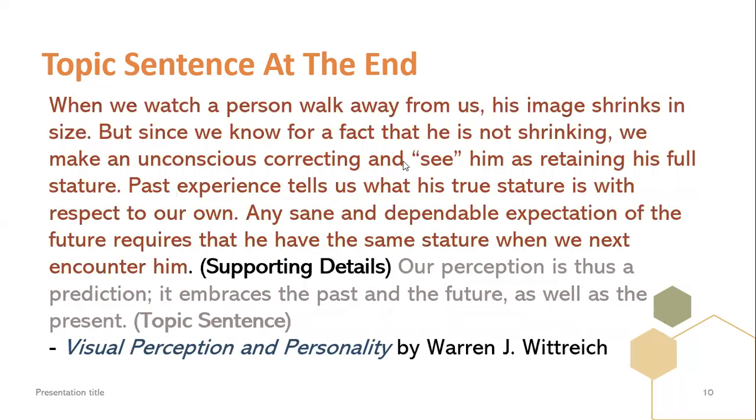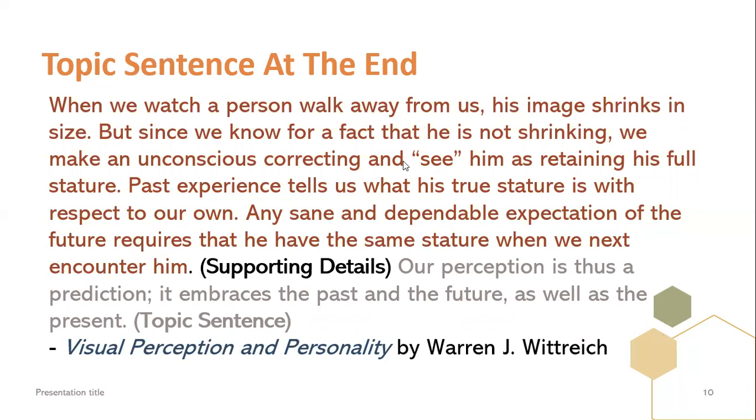So again, we have an array of supporting details. And you can notice that there is no concluding sentence in this paragraph, because obviously the topic sentence is already at the end. So there's no need for another generalization after the topic sentence.